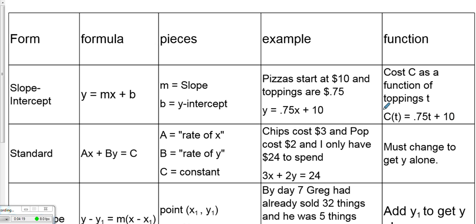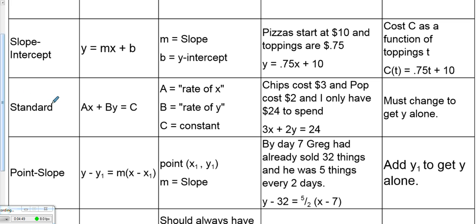So notice, on this side, we have our function notation, function c, as a function of our input t. On this side, we can see exactly the rule, what's happening to t. You do 0.75 times t plus 10 to figure out your cost. So again, the slope-intercept form is probably the easiest way or the best way to think of our linear relations or our linear functions.